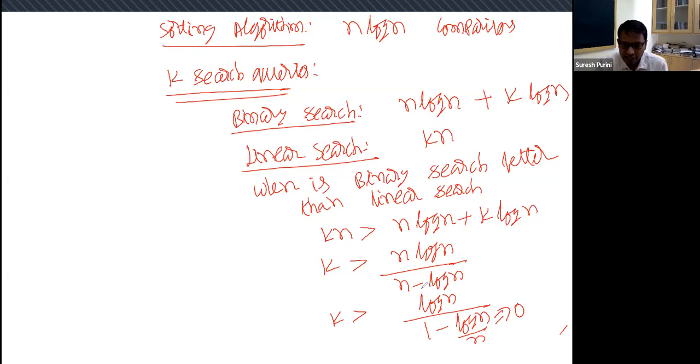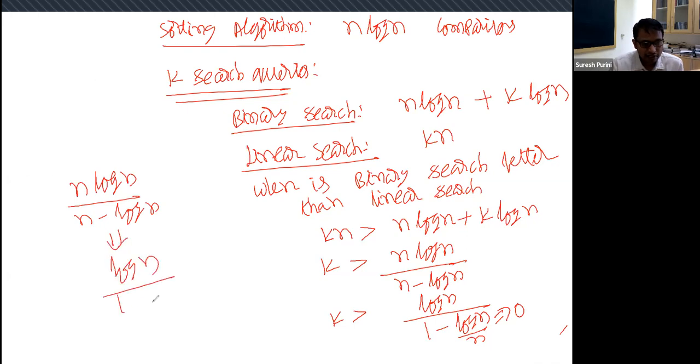So what is happening here is, if you look at the function n log n divided by n minus log n, if you take n common, this gets transformed to log n minus log n divided by n.